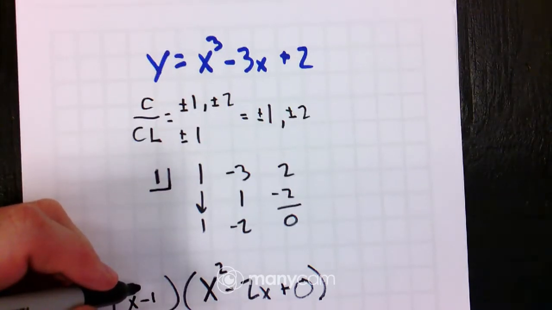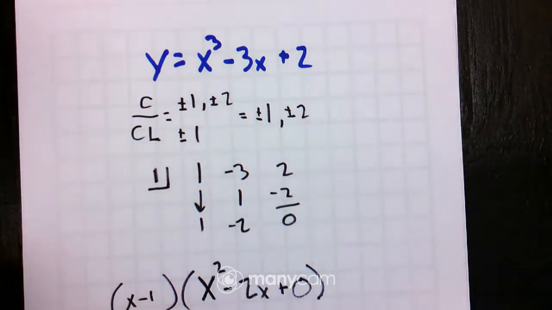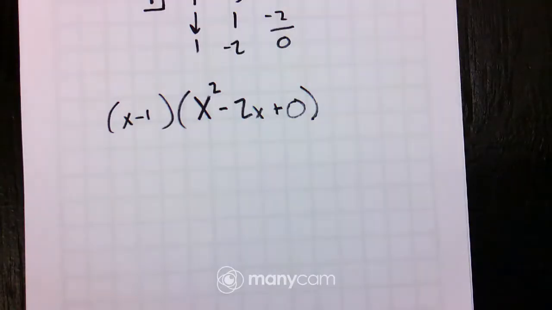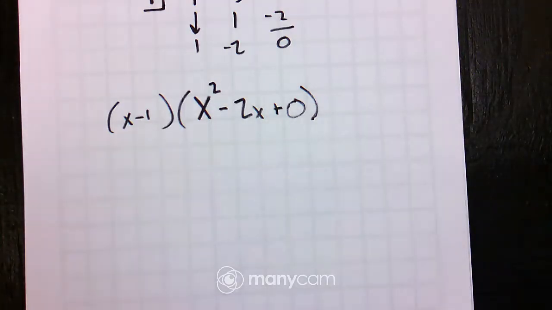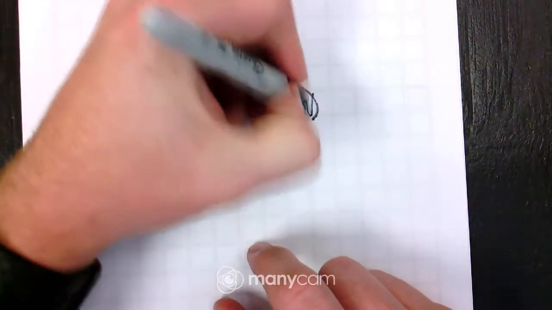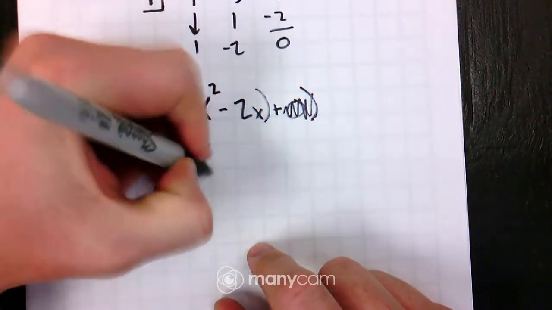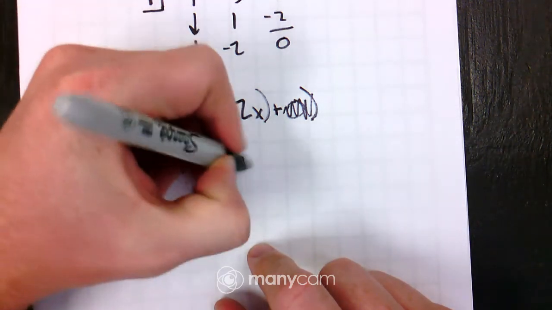What is this? It is going to be x minus 1, x minus 2 is 0. Wait, I can pull an x out. No, I can't. Oh wait, yes, I can. x minus 2.